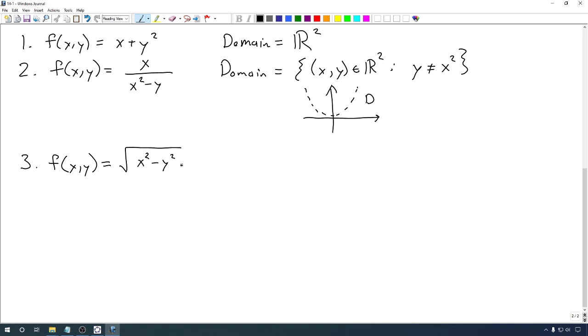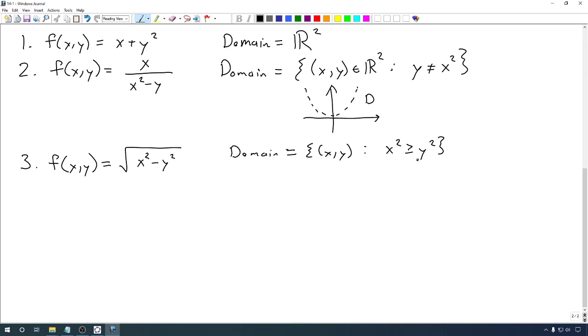If y squared ever turns out to be bigger than x squared, then we're going to end up with a negative number under the square root, and we don't want to have that happen. So you could say here, just to describe what we're doing, we're saying all points x and y. We're going to leave out the in R2 part, that's assumed here. All points x, y, where x squared is at least as big as y squared.